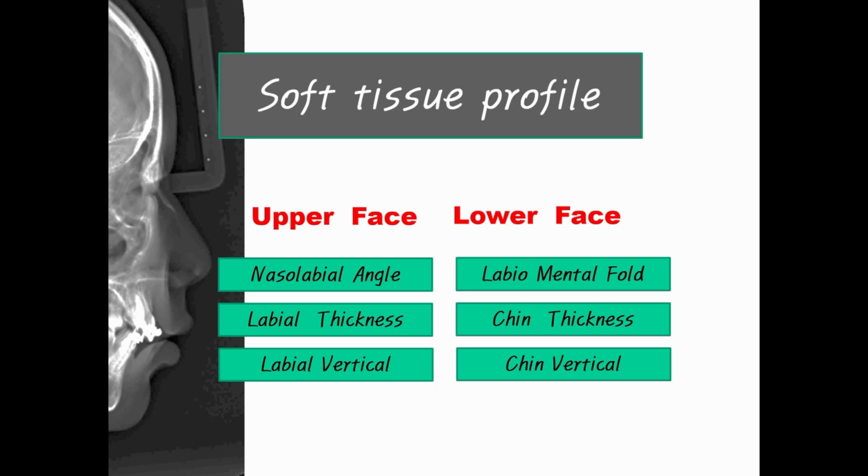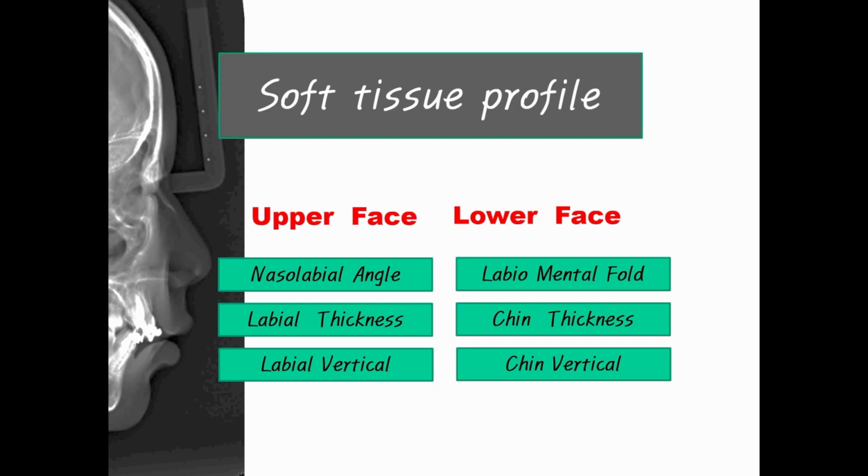Labial vertical is the point nasal, nose and labial. We can get a point here, okay? After that, the nasolabial angle is the angle between nose and labial, upper lip, just the angle.